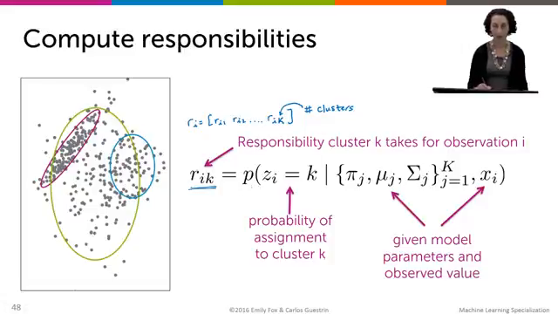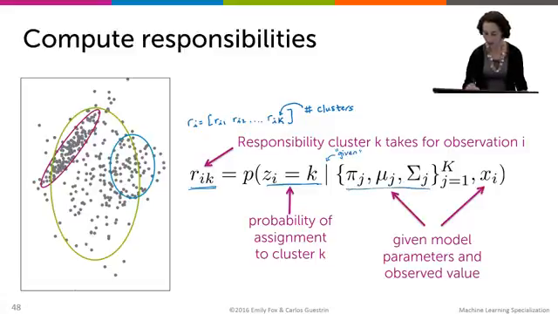So in particular, it's the probability that observation i is assigned to the kth cluster, given, remember this bar means given, the set of cluster weights and shapes. Remember the pi's are the weights, and the mu's and the sigmas specify the shapes of each of the clusters, and we're going to condition on the observed value of the ith data point, so that's x_i here.